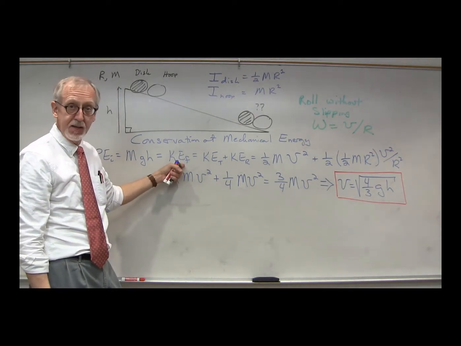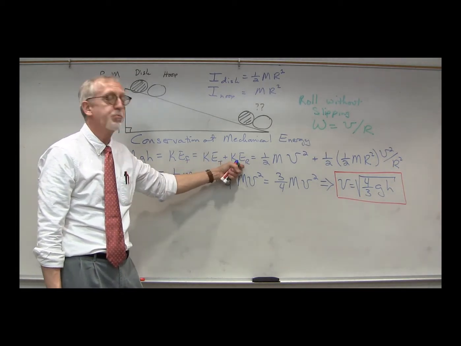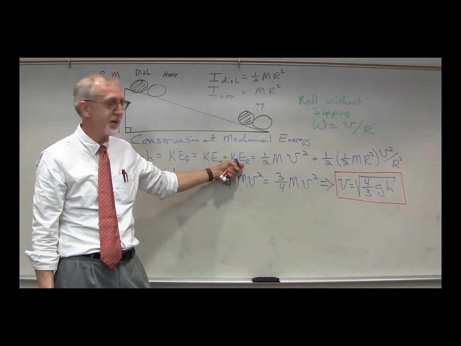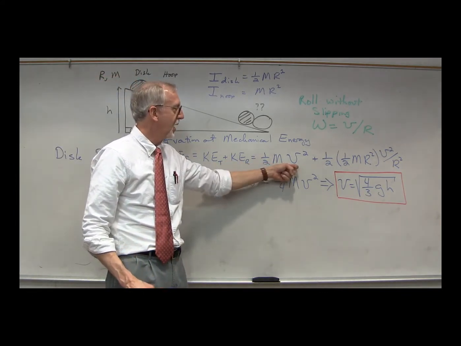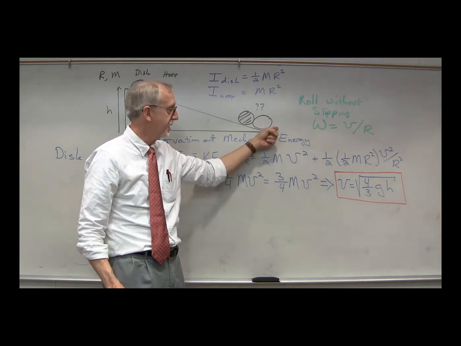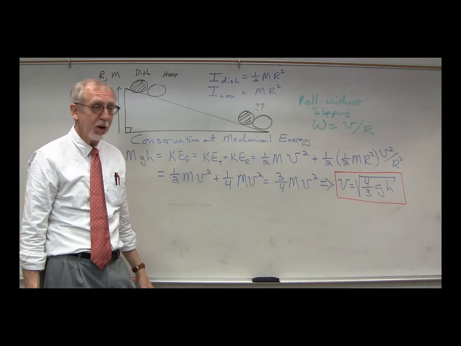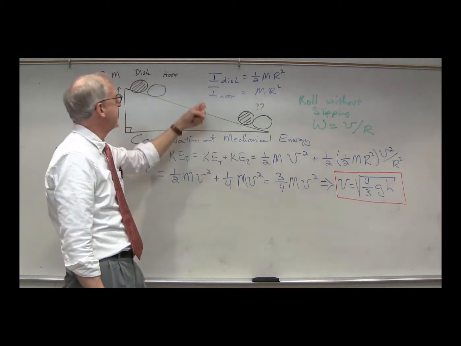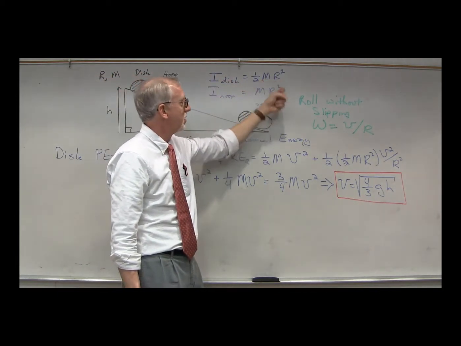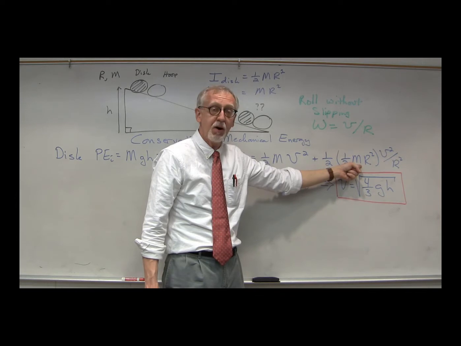So the final kinetic energy will be the final translational kinetic energy plus the final rotational kinetic energy. The final translational will be 1/2 mv squared, where v is the final velocity at the bottom, plus 1/2 I omega squared at the bottom. Now I for the disk is 1/2 mr squared. So there's I, 1/2 mr squared.